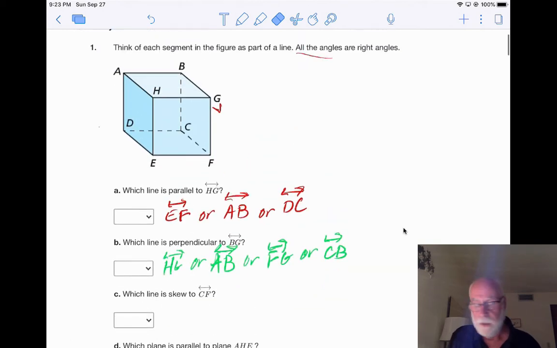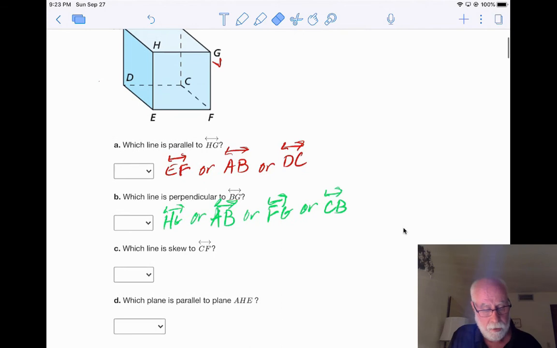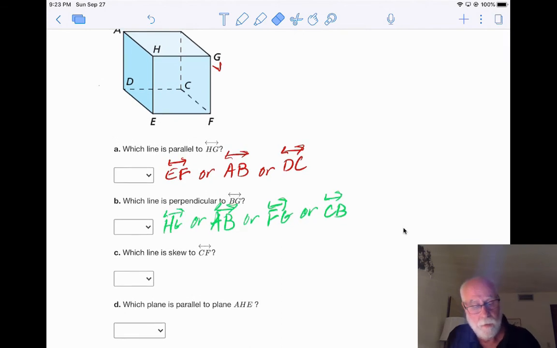All right, so which line is skew to CF? So here's our line, CF. Now remember, skew means that it's non-coplanar, which means it can't be on the same plane, and it's non-parallel.